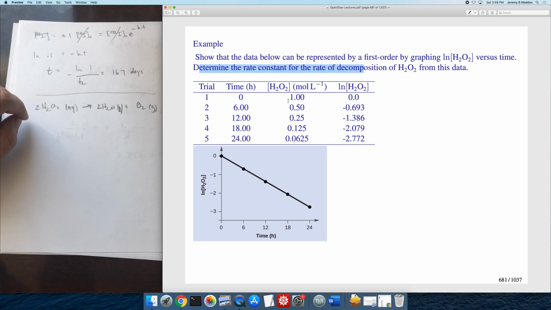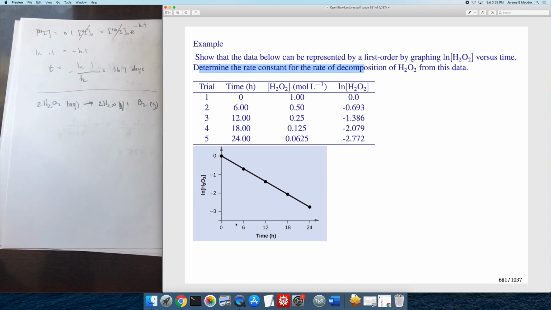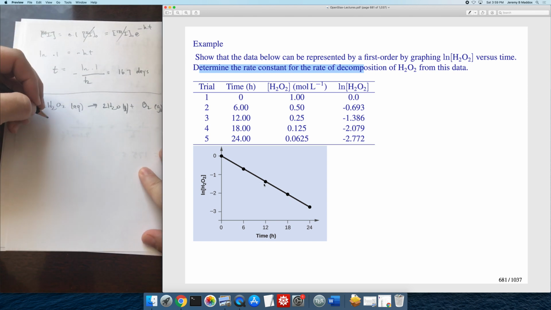Okay, and now they are trying to figure out, they know that it's first order, so they plot their natural log of peroxide versus time graph, and they're trying to figure out what is the slope. So you can use linear regression to get the slope, or since you already know it's linear, you can use any 2 points along this straight line to calculate the rate constant. So we know that the slope of the line is going to be the rise over the run.